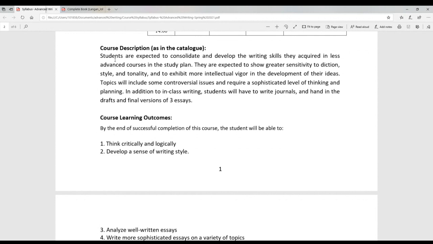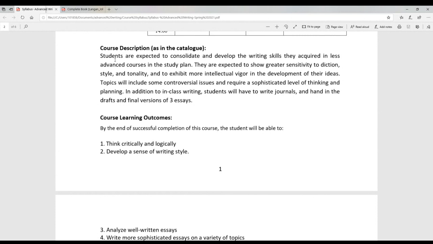Students are expected to consolidate and develop the writing skills they acquired in less advanced courses in the study plan. They are expected to show greater sensitivity to diction, style, and tonality, and to exhibit more intellectual rigor in the development of their ideas.